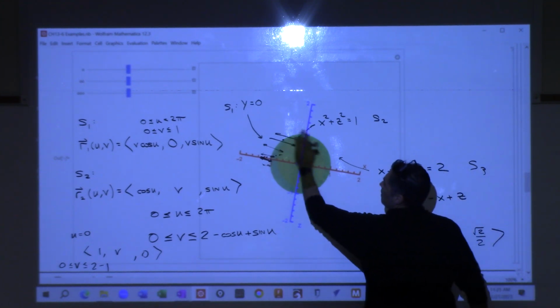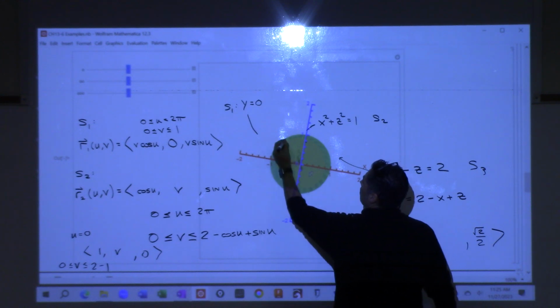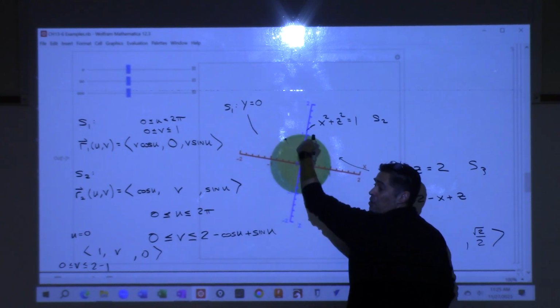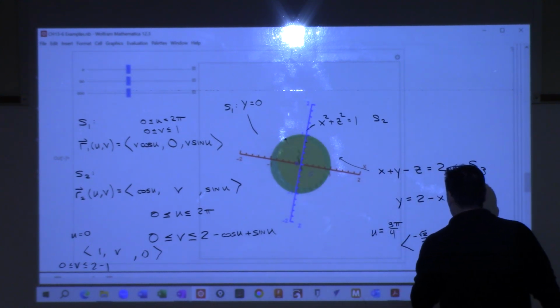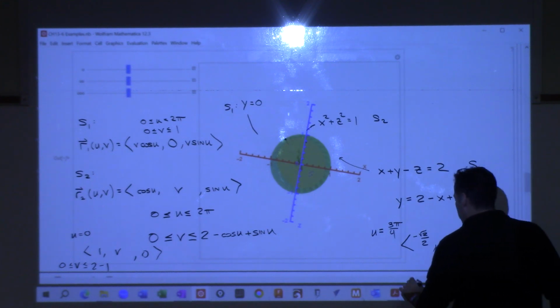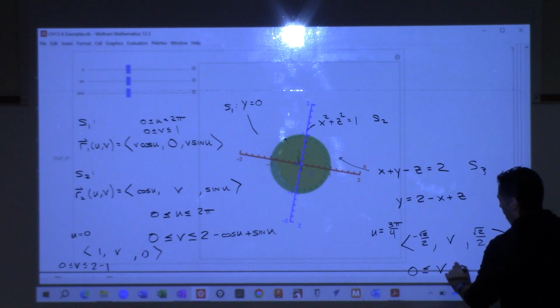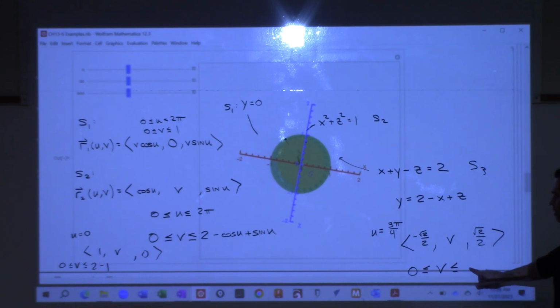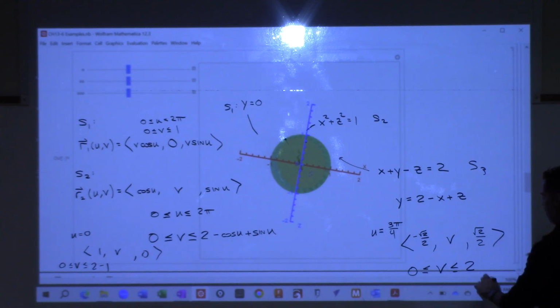So that basically puts me right there. And then my y is going back and forth like this, right? So my y, which is my v, is between 0 and 2 minus, so plus that, and then plus that.